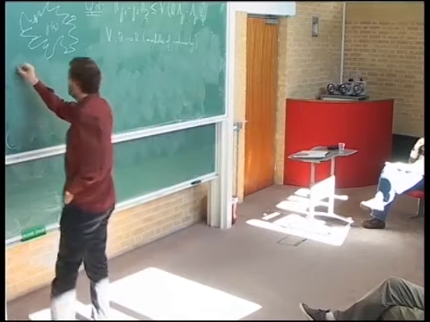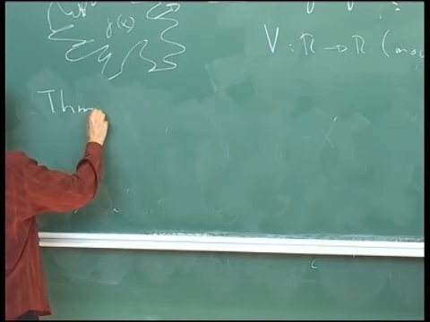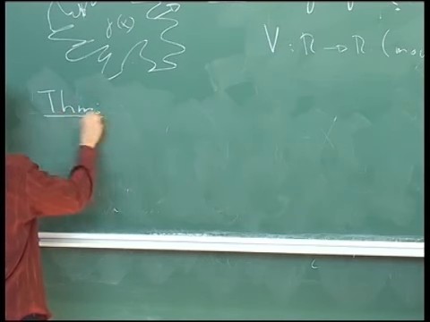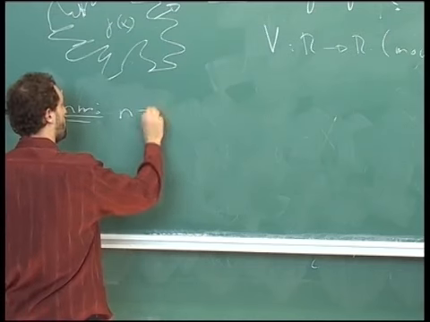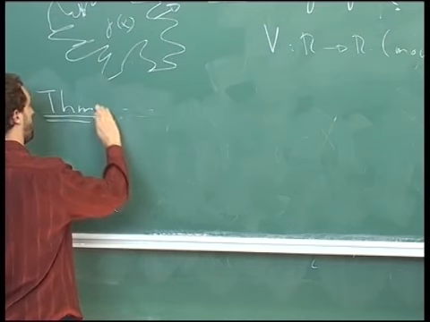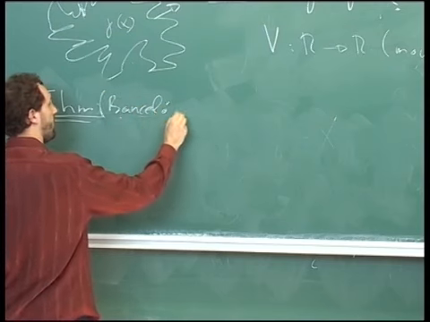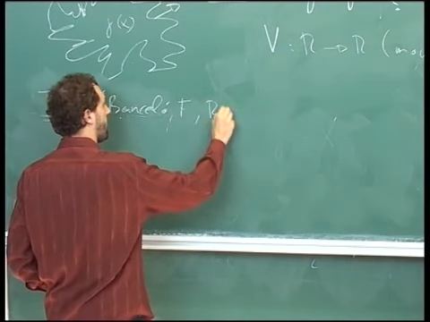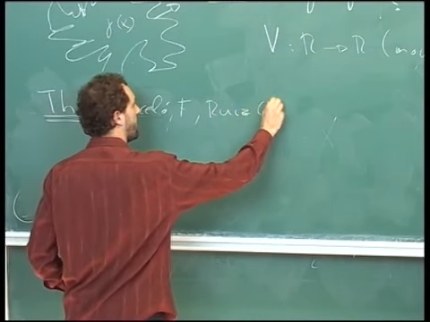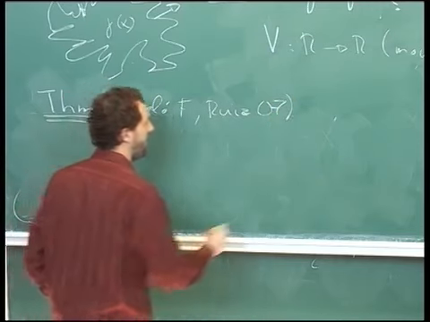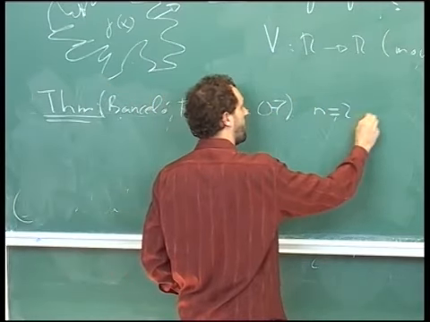So this is a theorem. N equal to 2. Okay, let's put the names. Barceló, Faraco and Ruiz, and n equal to 2.